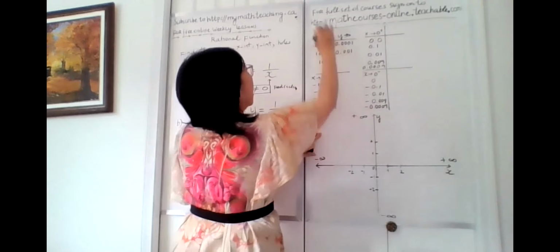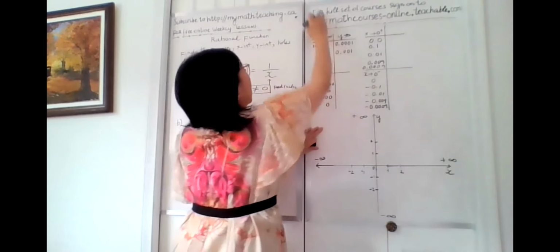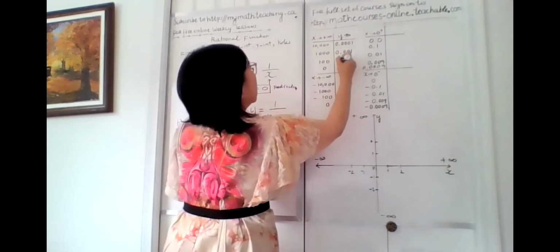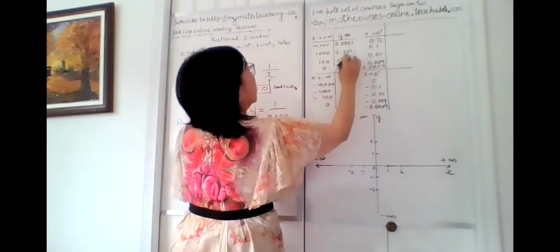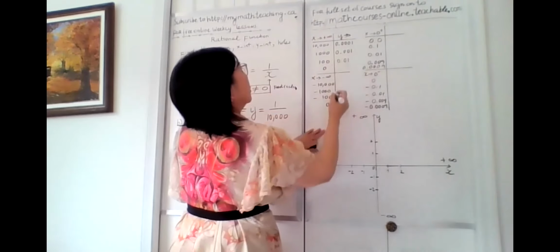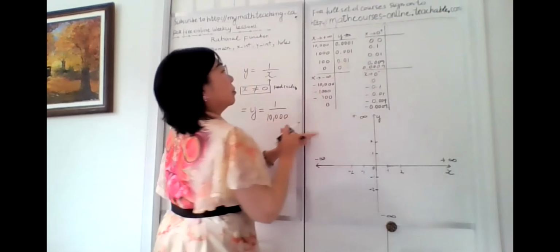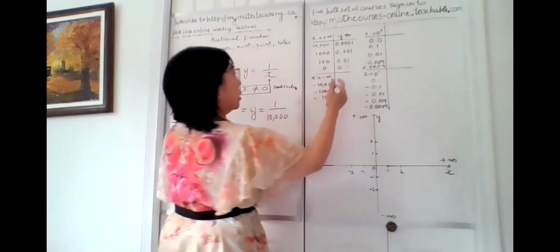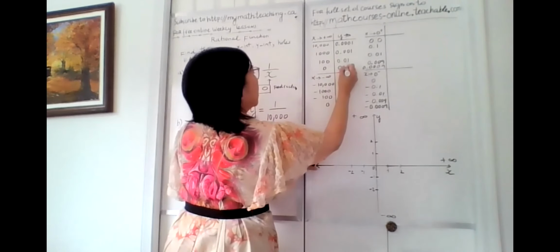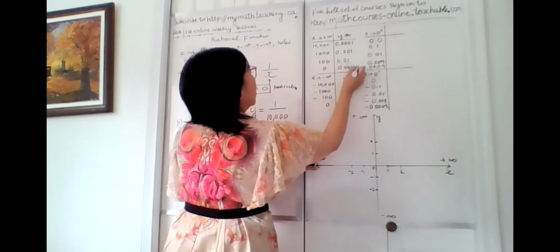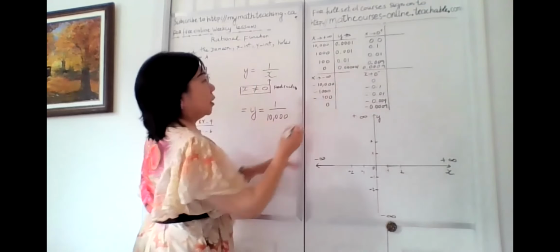And for here, the y will approach 0.01. And here will be 0, approaching, okay? So maybe put 0.0001, something like that.